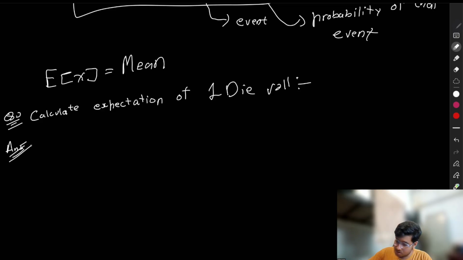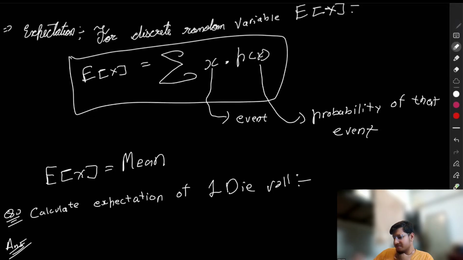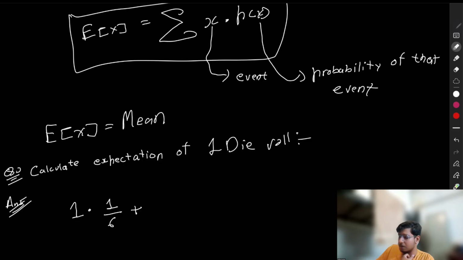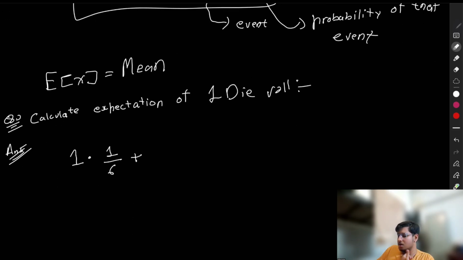Let's calculate the answer. First, let's see the formulation. It is summation of x multiplied by p of x. So x is the event. The first event, if we roll one die, is 1. What is the probability that we roll a die and the outcome is 1? Simple, it is 1 by 6. Plus, because there is summation, let's talk about another event, which is 2.